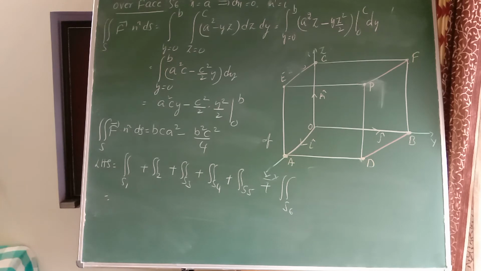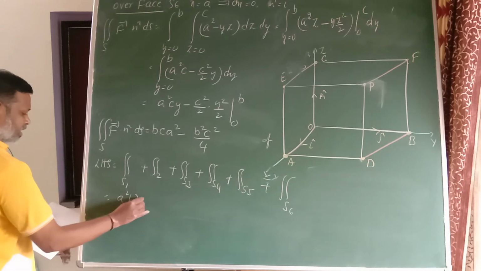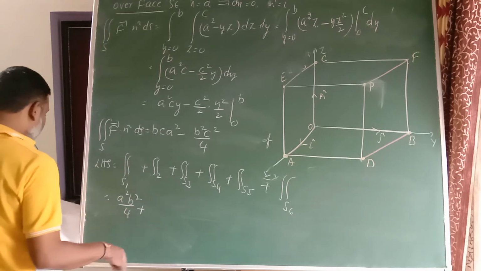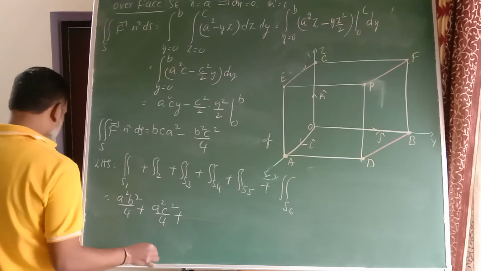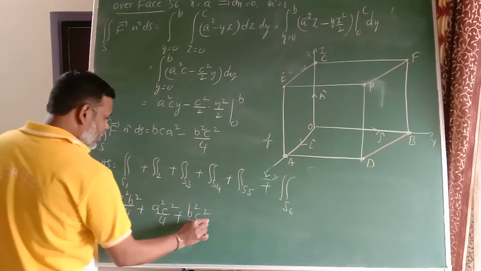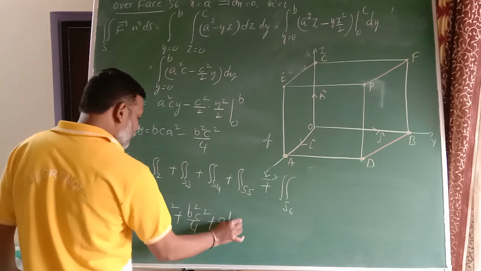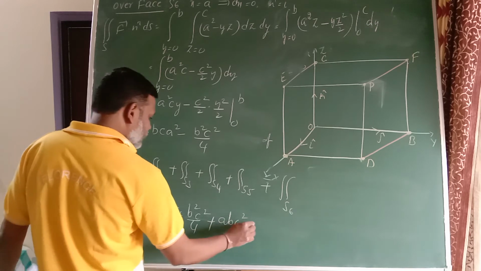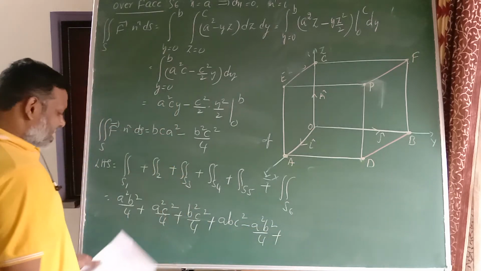So that is equal to, I can write, a square b square by 4 along S1, a square b square by 4 plus S2, a square c square by 4. Third is b square c square by 4. And along S4, what happens here? abc square minus a square b square by 4, plus along S5.